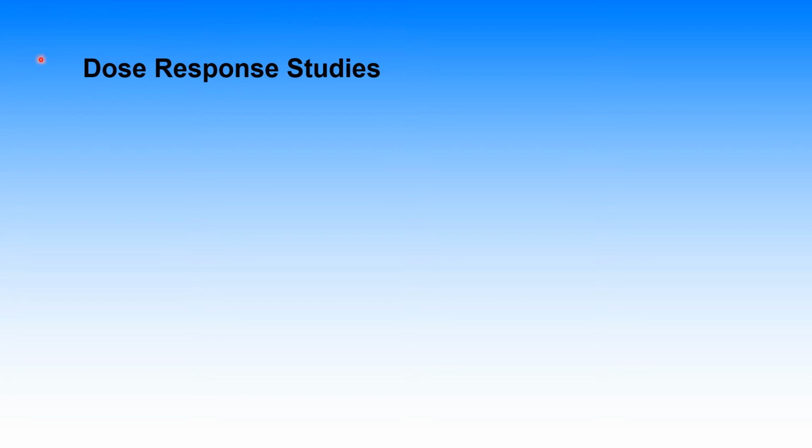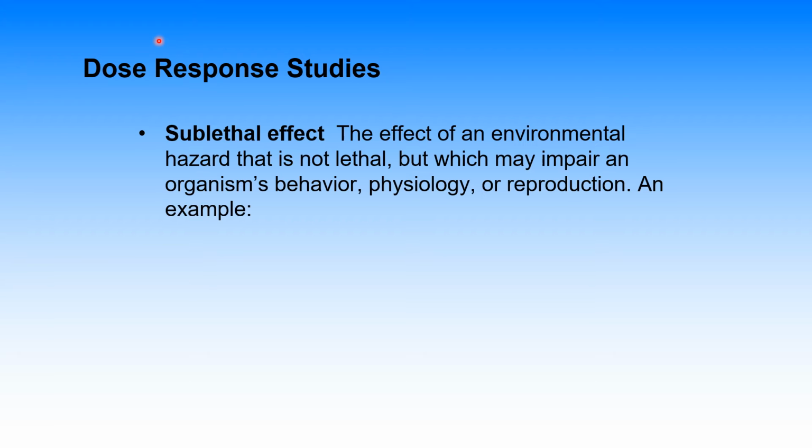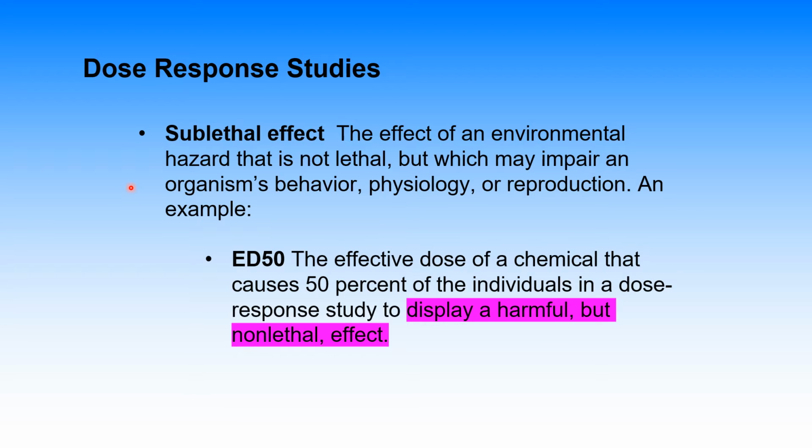So a dose response, remember, is not always looking at the lethal dose of 50% of the organisms. Sometimes we can just look at what is a sublethal effect, which means it's not lethal. It could change the organism's behavior or physiology or ability to reproduce. And we might use something called the ED50, the effective dose that causes the organism to display some kind of harmful but non-lethal effect.